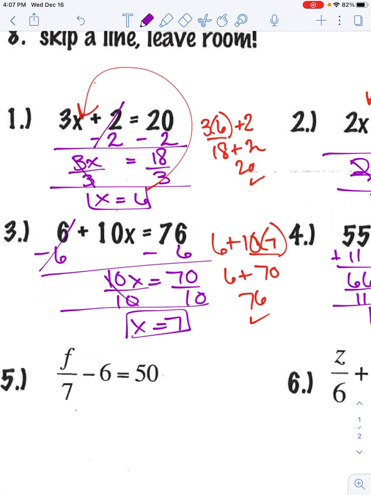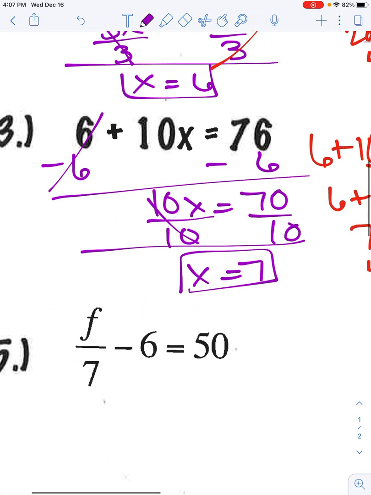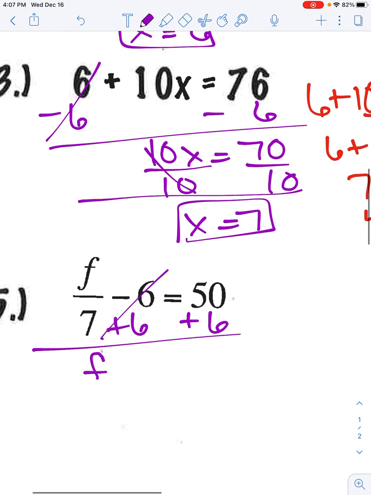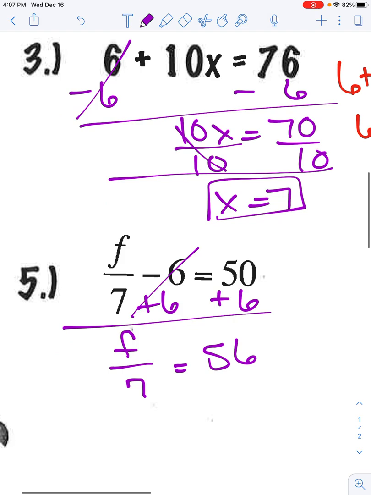Okay. Number 5, f divided by 7 minus 6 equals 50. You're going to undo addition and subtraction first. So if it says minus 6, we're going to add 6 to both sides to get 56. And then it says f divided by 7, so we're going to do the inverse and multiply by 7.